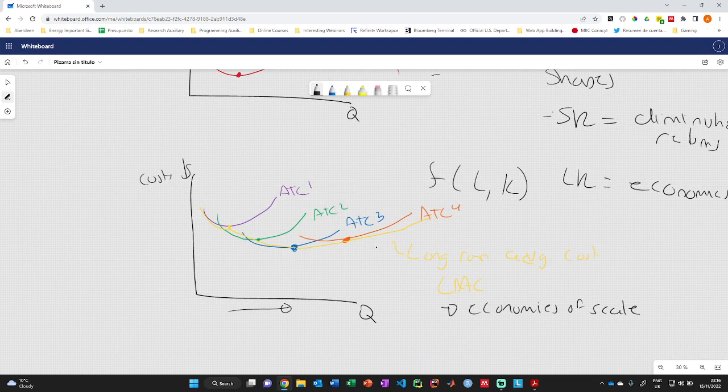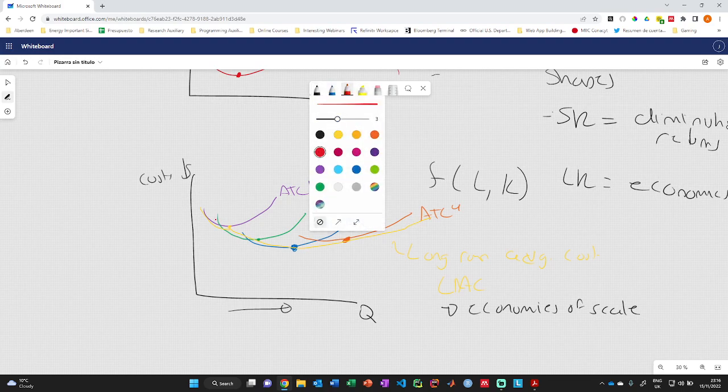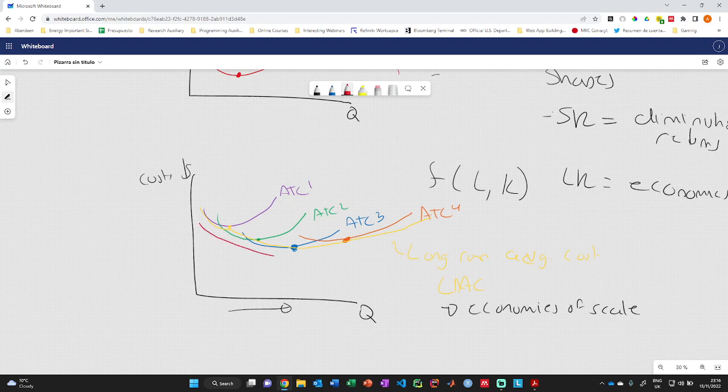And in these economies of scale, the plot has economies of scale as it has here. But we can actually identify three stages. We have here the first stage where, as we increase production, so Q increases, costs are actually going down. And this is a part of economies of scale.